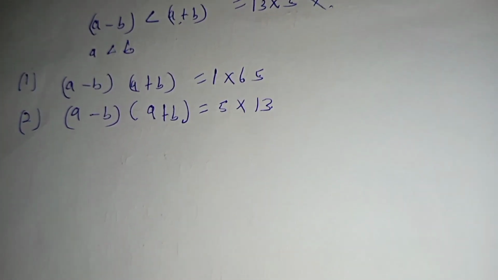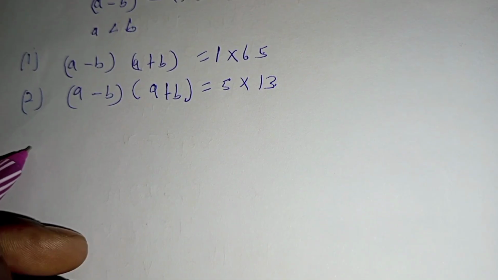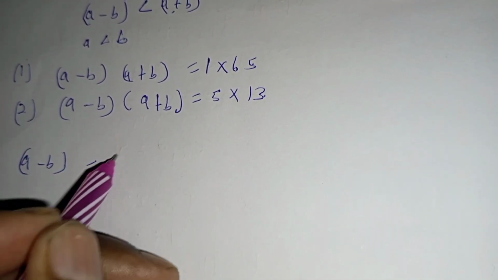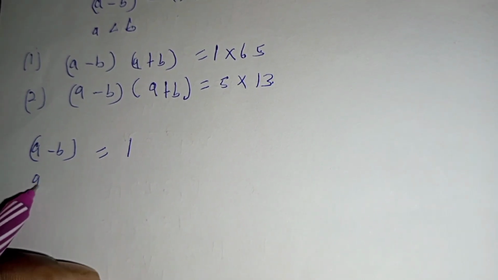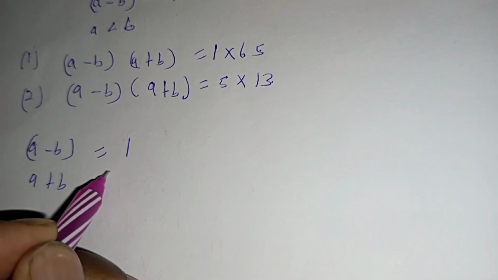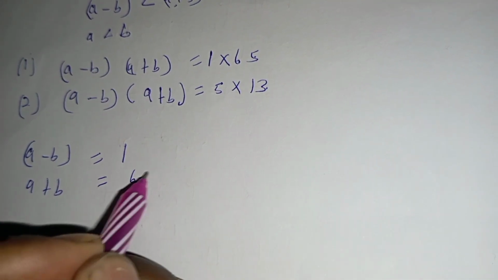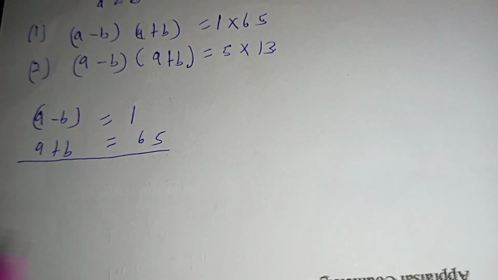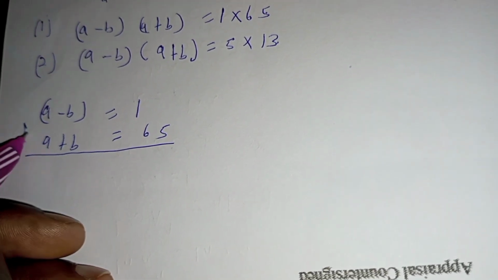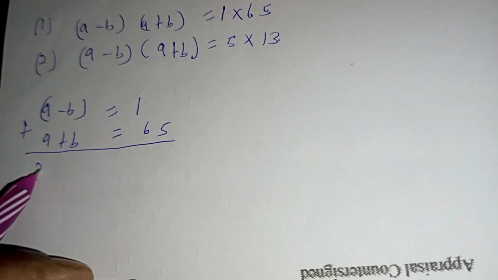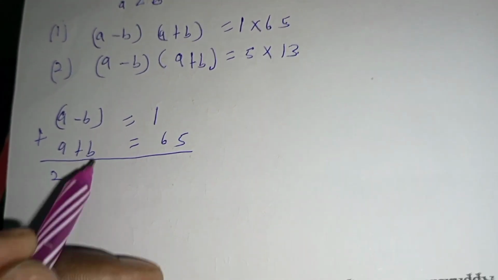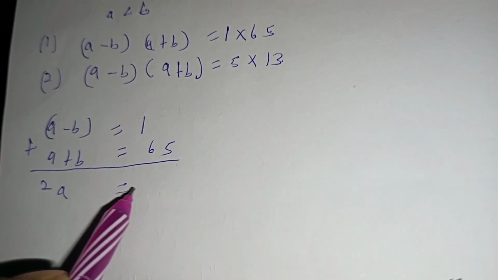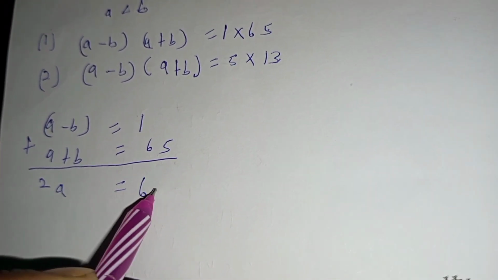So we start with case 1, whereby you have a minus b equal to 1, and then a plus b is equal to 65. So this is a simultaneous equation with two unknowns. We can solve this by simply adding: a plus a is 2a, minus b plus b is 0, and then 65 plus 1 is 66.